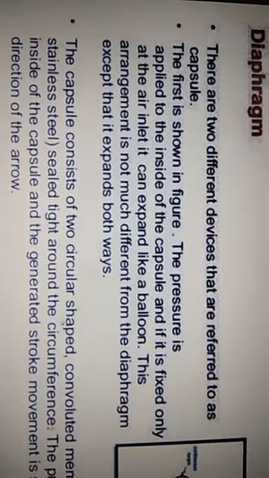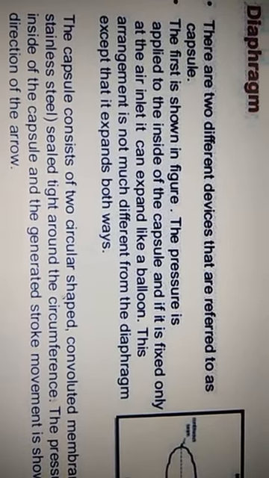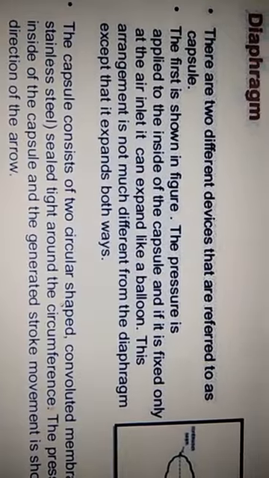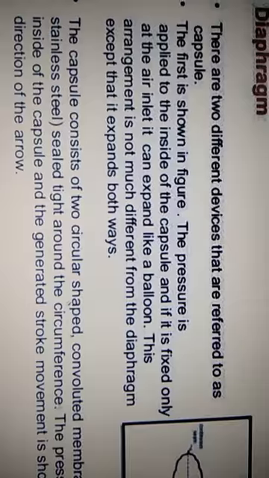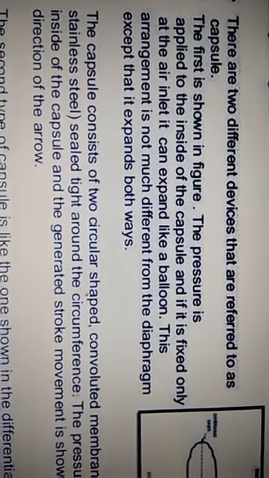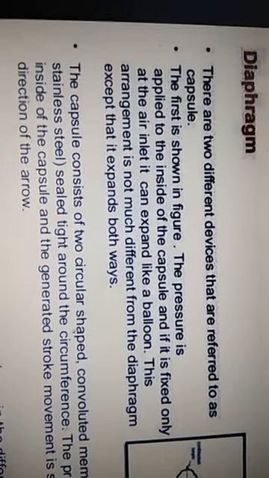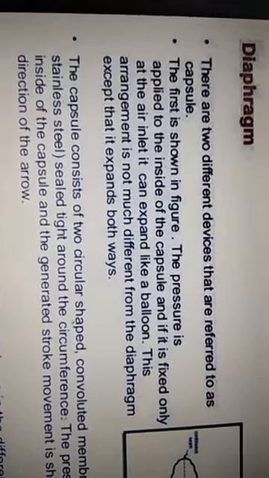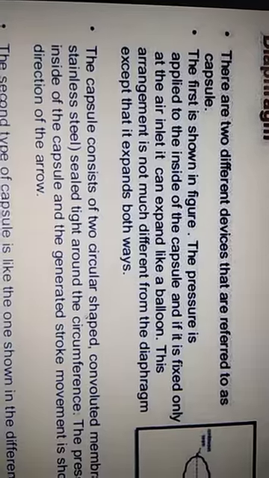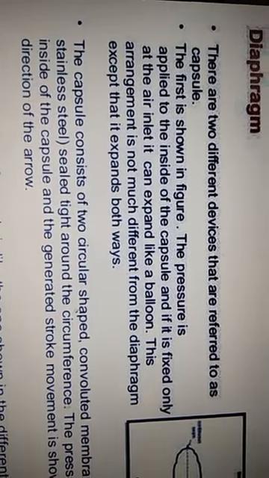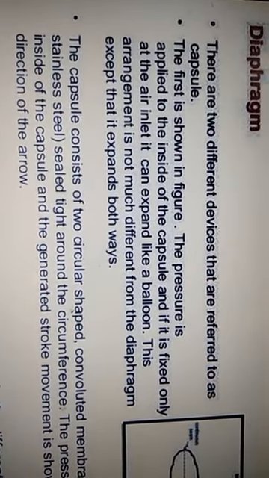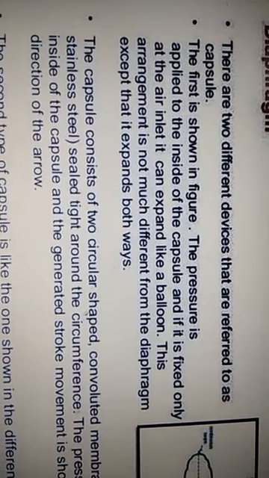The pressure is applied to the inside of the capsule, and if it is fixed only at the air inlet, it can expand like a balloon. This arrangement is not much different from the diaphragm, except that it expands both ways.